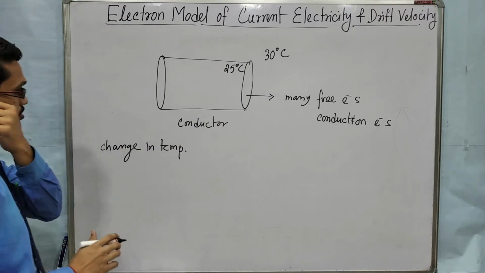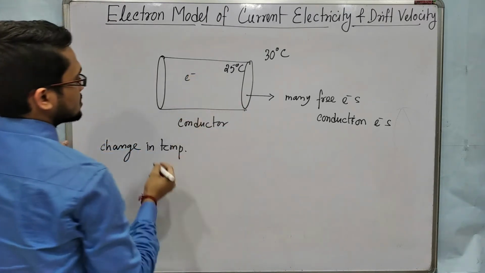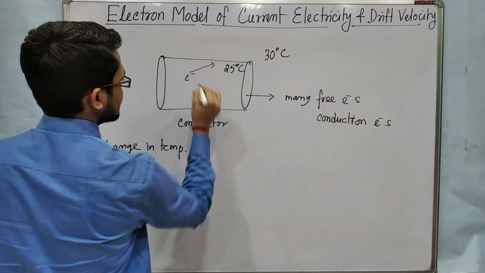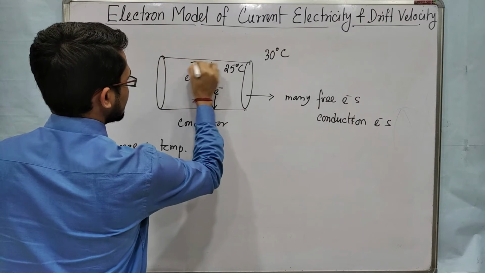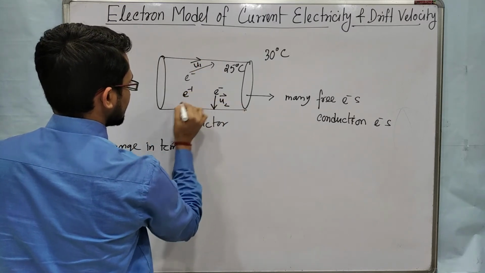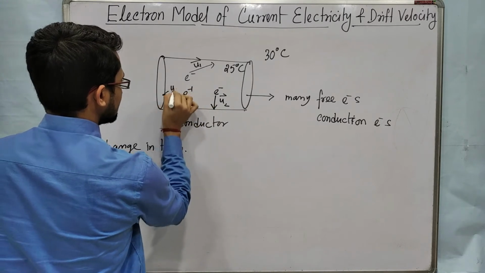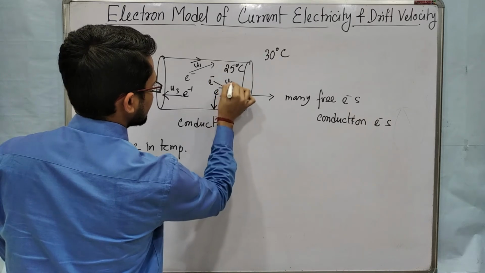Many electrons are there. One electron will move like this, another electron is moving like this. Suppose this is U1, this is U2. Another electron, suppose this is U3. Another electron, suppose this is U4.